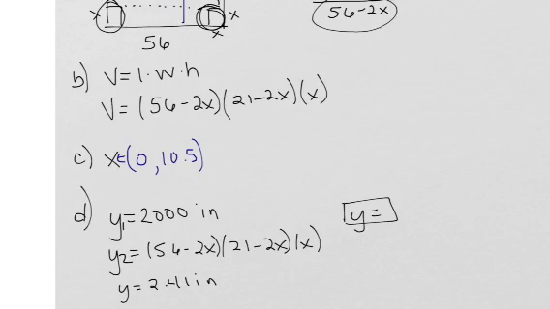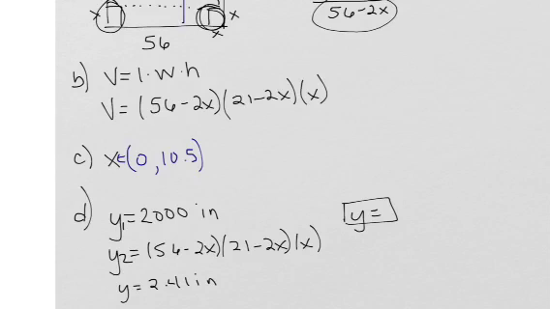The other intersection point, I'm going to hit second trace to get my calc, hit 5 for intersect. It's going to ask about my first curve, and I'm going to make some kind of guess that on my first curve this is going to be around 7. Hit enter. And on my second curve around 7.